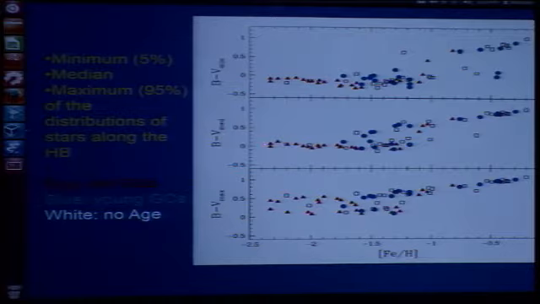And if you fix on the red objects, which are the old globular clusters, they follow a quite narrow sequence, not linear, but narrow. And the blue ones, which are younger, tend to be above in this sequence. That is, they tend to have a redder color, which is in agreement with the idea that age is a second parameter.